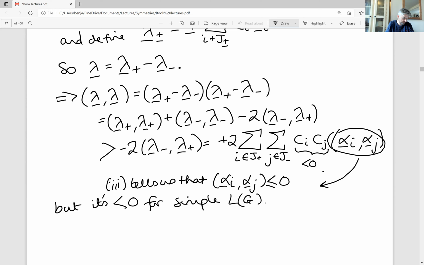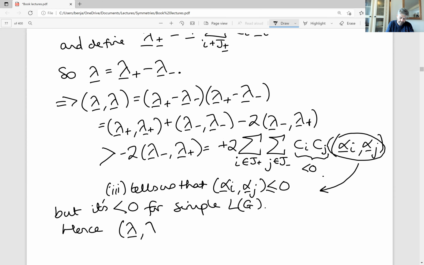Or in other words, this right-hand side we've just shown is, okay, maybe that's less. So the whole thing, because it's the product of a negative number and another negative number, is bigger than or equal to 0.